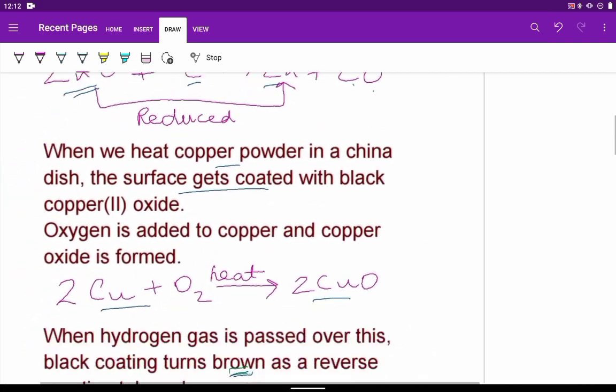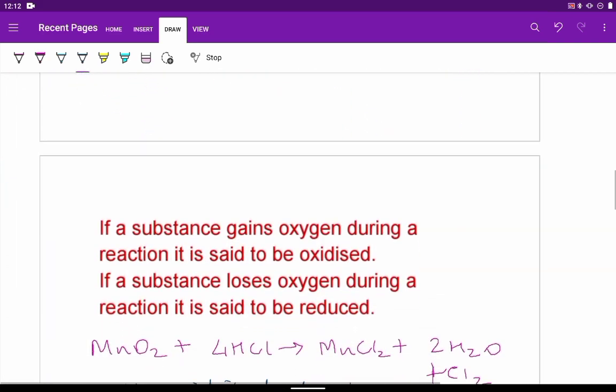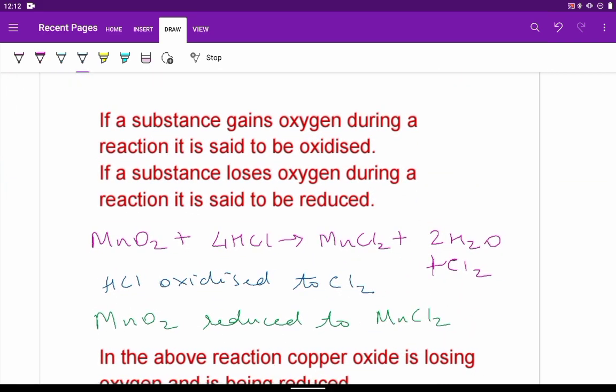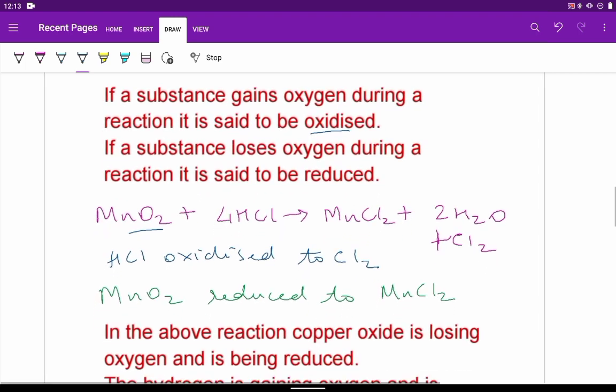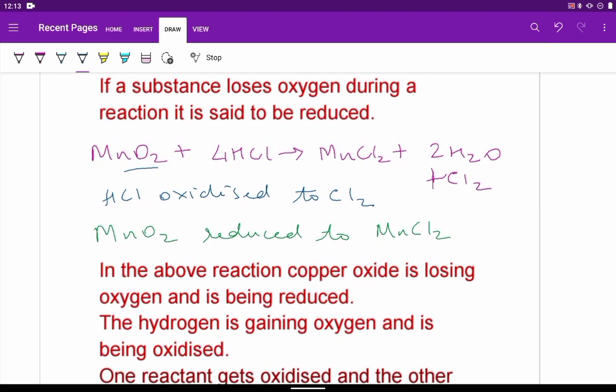So we can say that whenever any substance gains oxygen during a reaction, it is oxidized. But if a substance loses oxygen during a reaction, it is said to be reduced. In this equation you see MnO2 plus 4HCl gives MnCl2 plus 2H2O plus chlorine.